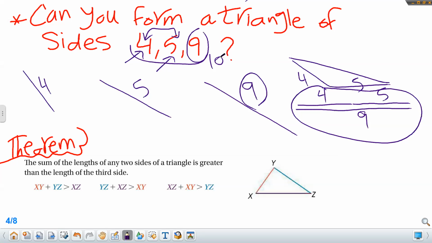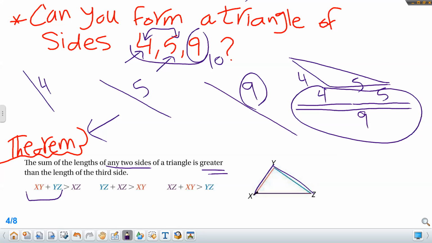So we can say from this theorem, the sum of the lengths of any two sides of a triangle is greater than the length of the third side. Then we can say xy plus yz bigger than xz, xz plus yz bigger than xy, and so on.